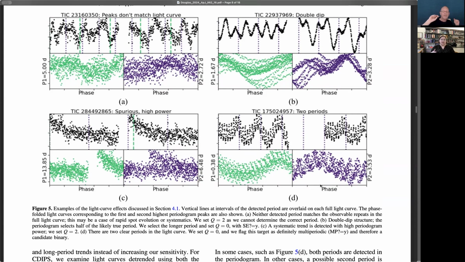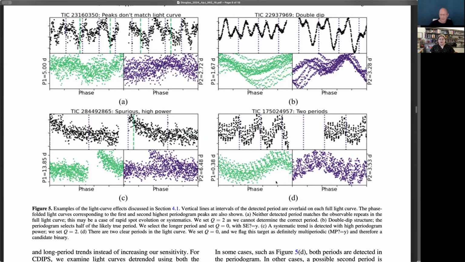With K2, I had a tendency to err on the side of letting things in. I did the opposite with TESS. So the yields are, for me at least, lower than what I got with K2. But we still got, in the end, over 800 periods, most of which are new for these stars.